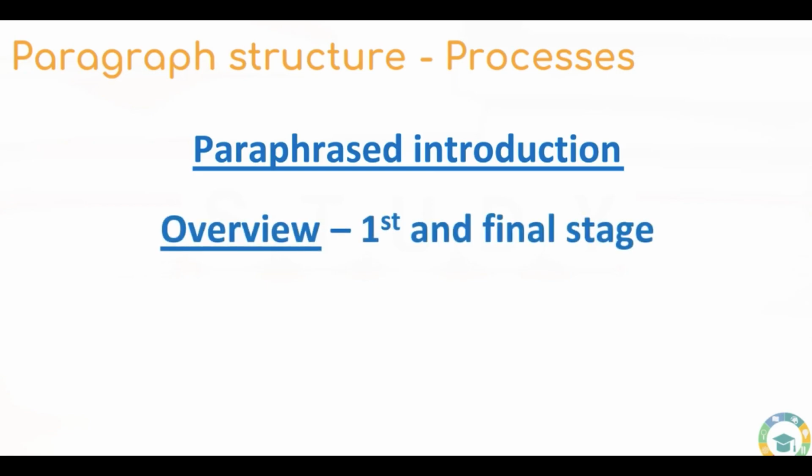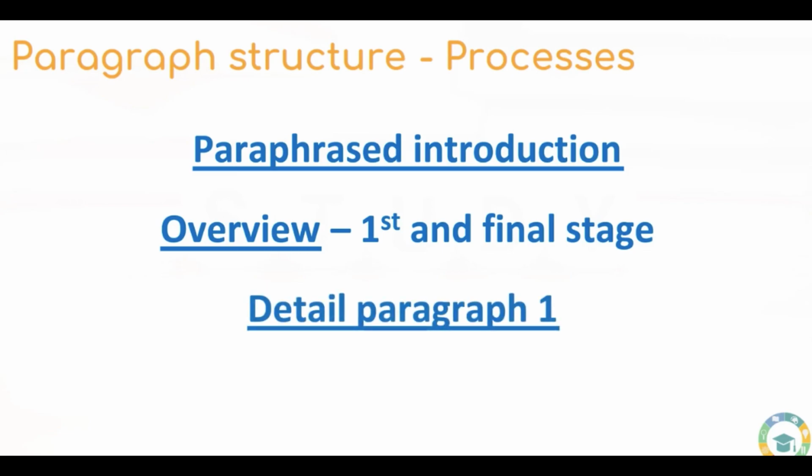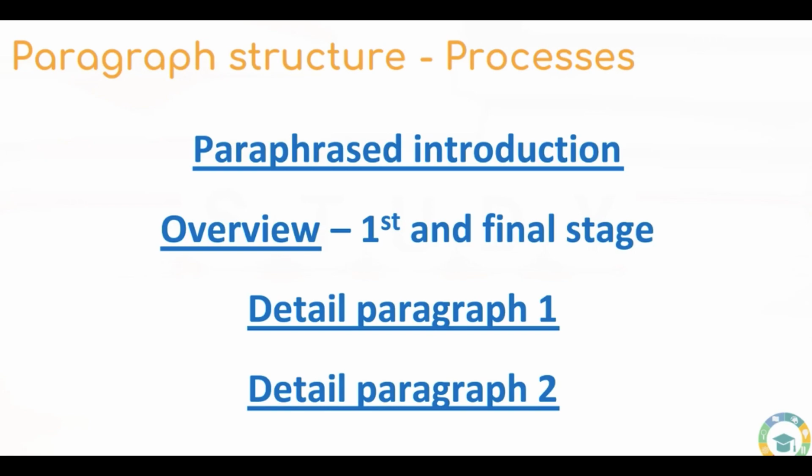We have an overview, which is slightly different to the charts and graphs overview that we would normally write. And we have detailed paragraph 1 and detailed paragraph 2. So we're going to need to group the stages or the information that we can see in the process question, because then we can split our writing into detailed paragraph 1 and 2.